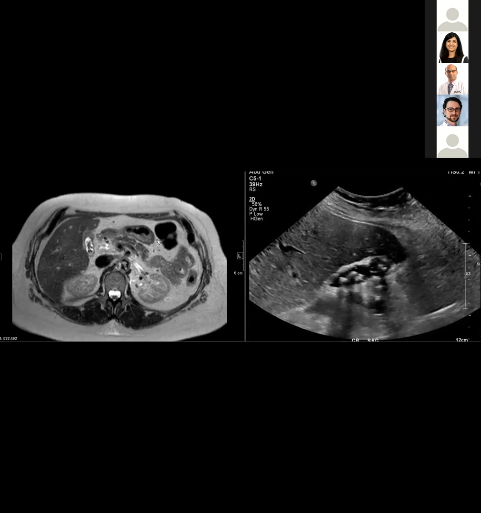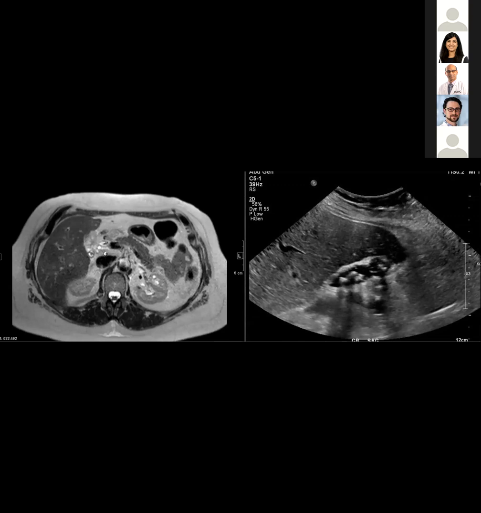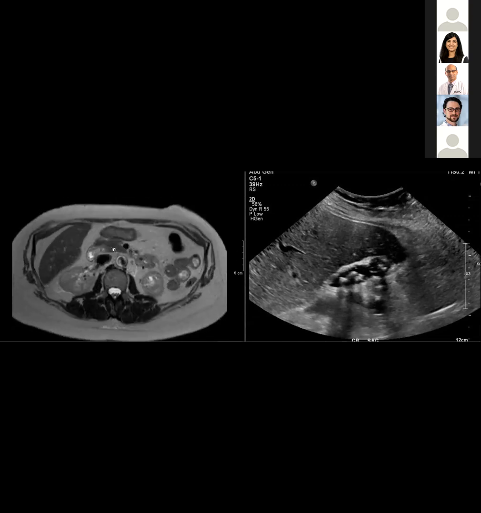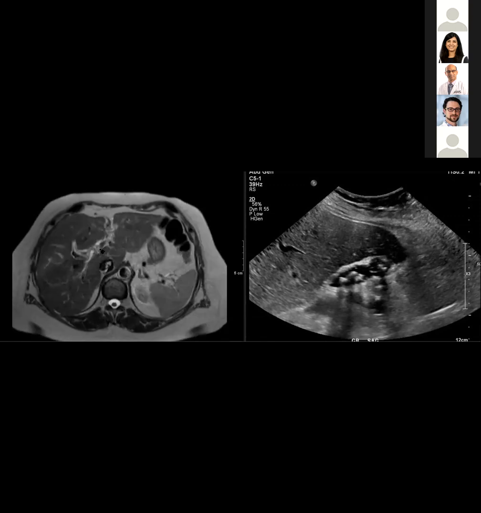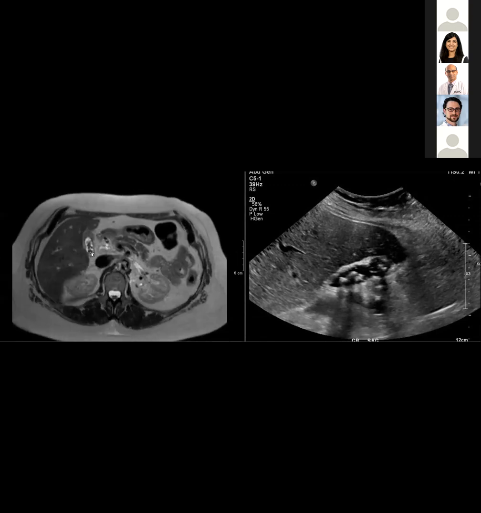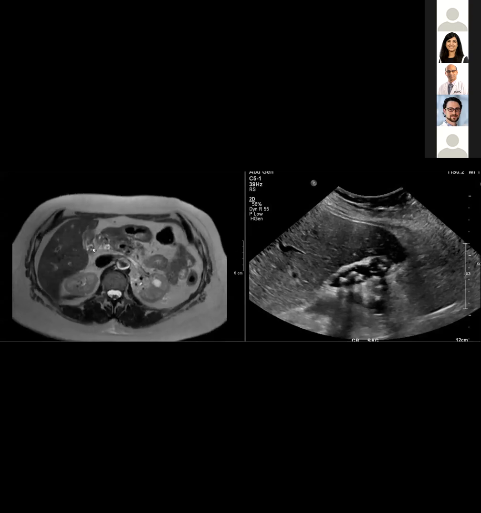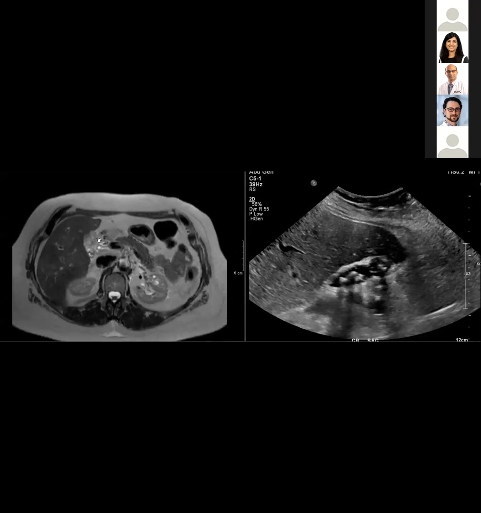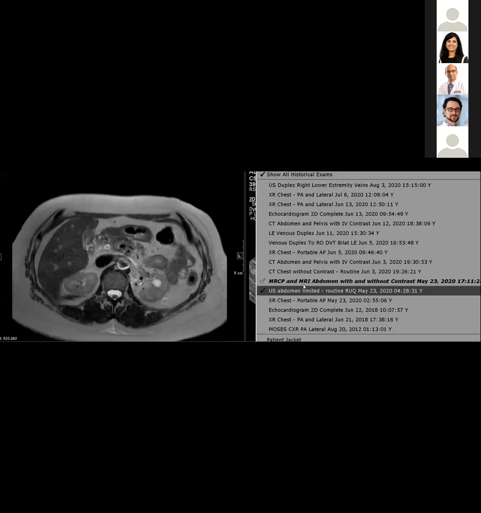She had an MR prior to cholecystectomy because they were looking for cholecystitis. At the time, we saw the gallbladder was full of stones, and that's pretty much what was said about it.